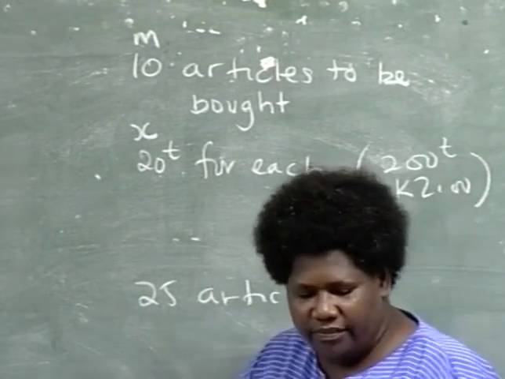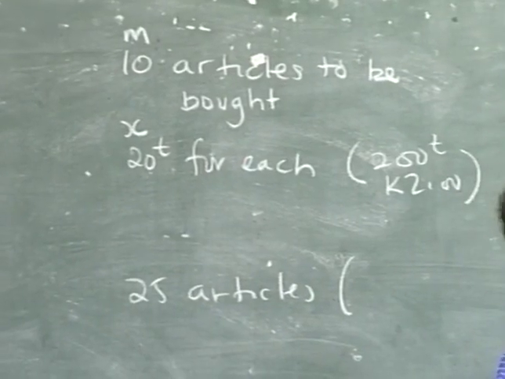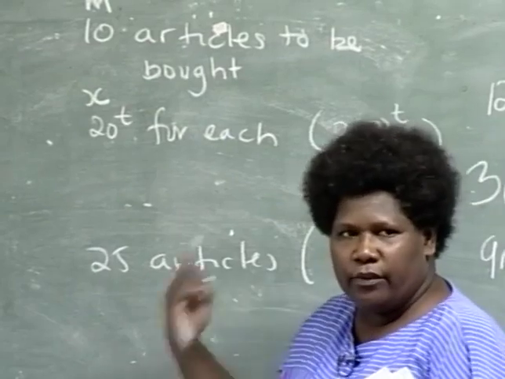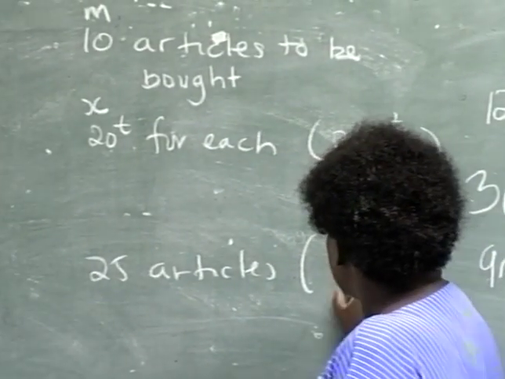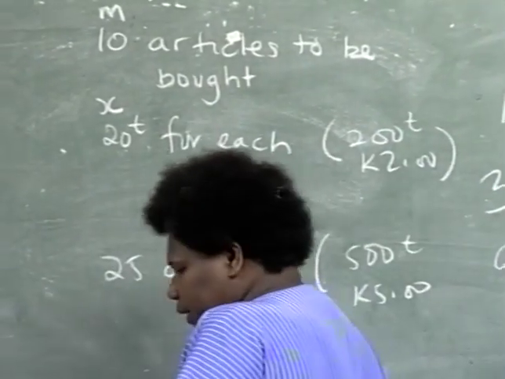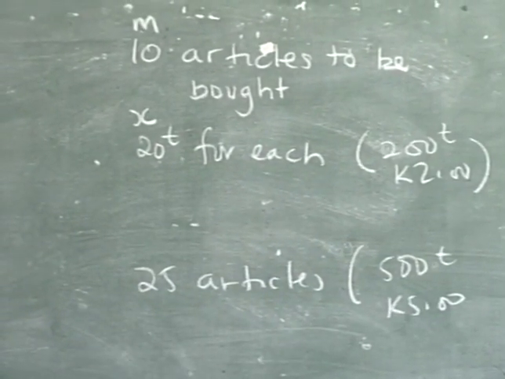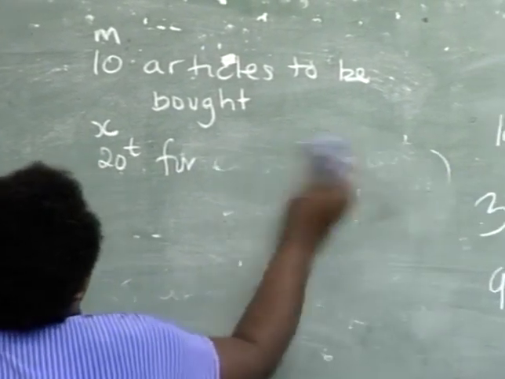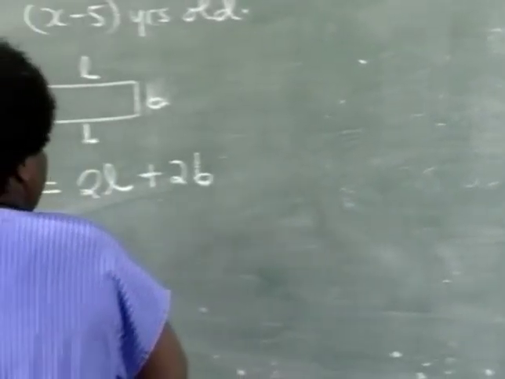Now I want the cost for 25 articles. How much? 5 kina. What did you do? Multiply 25 by 20 toya for each article, and I get 500 toya, which is 5 kina. Now I'm going to remove that information and see if we can get the answer in terms of M, X, and N. This is the answer to number 8.